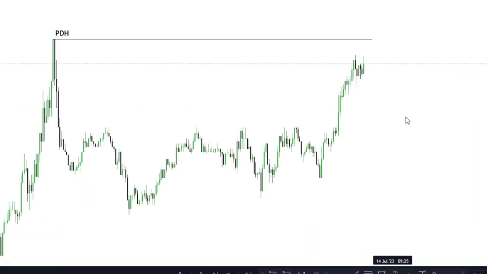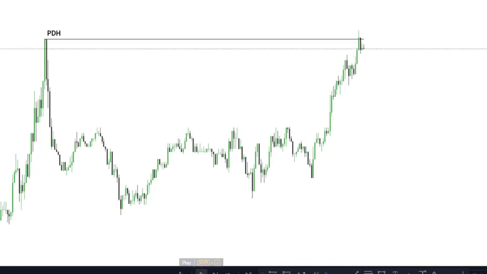Looking at this price action, you can see we have the previous day high marked out. So I would like to see this high being engaged before I will start looking for my structural shift. So if we replay these charts, as you can see, we have the price engaged.